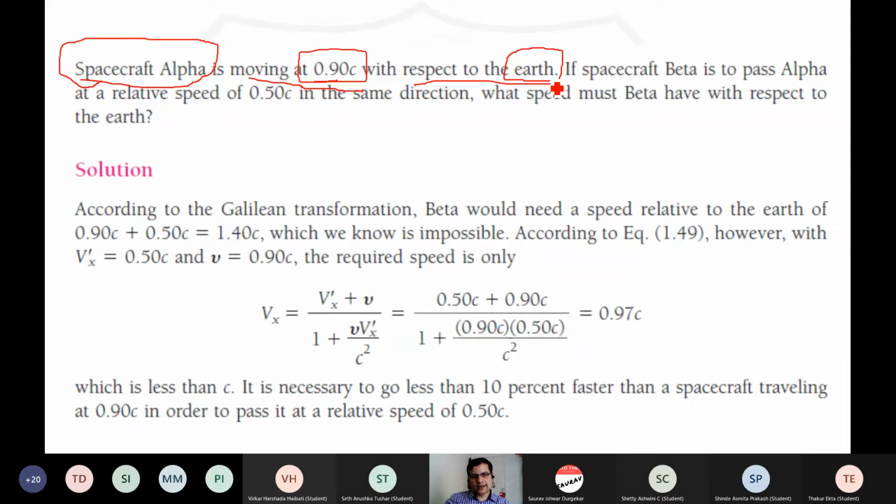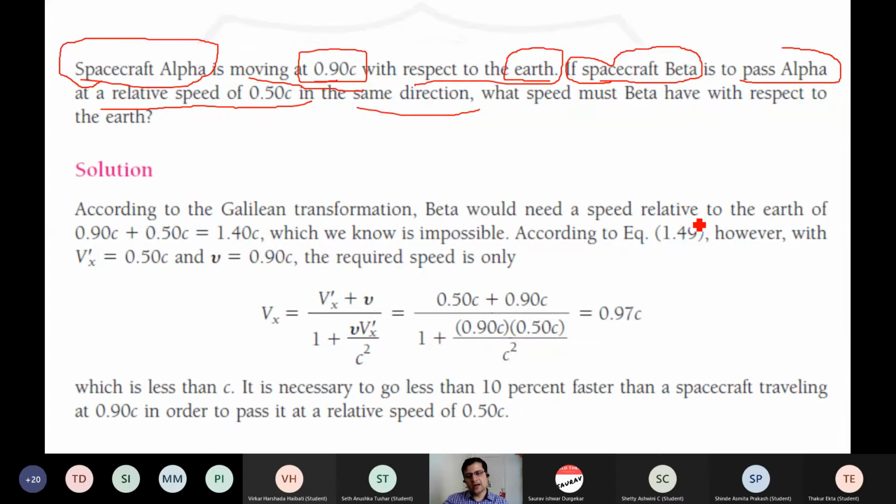You launch a spacecraft from the Earth. Now, another spacecraft, Beta, is there, and that spacecraft Beta is to pass Alpha at a speed of 0.5 c in the same direction.